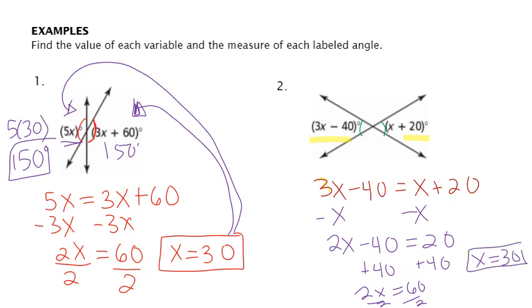That doesn't necessarily mean that's the angle measurement. So if I was to take this and substitute it back in to find the actual angle measurement, we would have x plus 20, if I put in the 30, so 30 plus 20, and this actually ends up being 50 degrees, right? So this right here is a 50 degree angle.